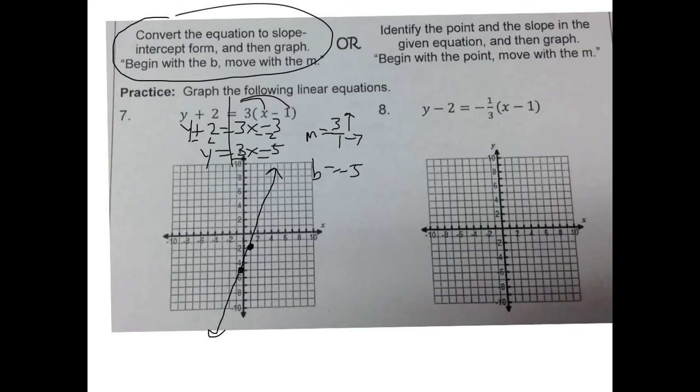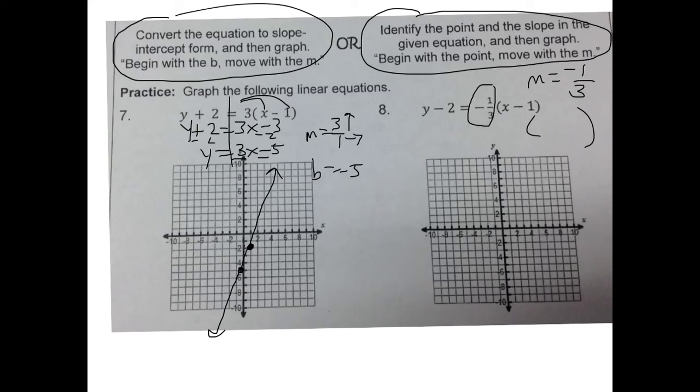Okay. Now if you're going to do it using the point slope form, then you pull out the slope, which is m. And then you pull out your point, which is, this was y1, and this was x1, so x1 is 1, y1 is 2, and instead of starting at the y-intercept, you start at the given point, which is over 1, up 2, and then you count out that slope, down 1, over 1, 2, 3, and then you would just draw your line like that.